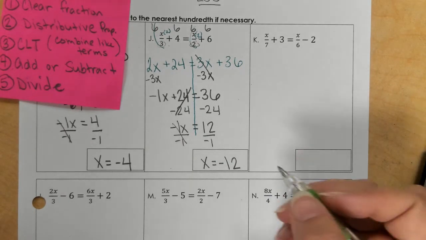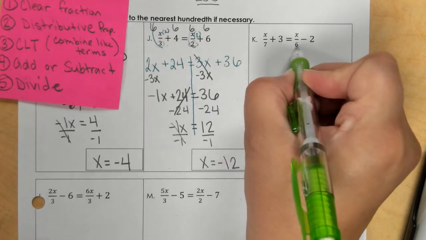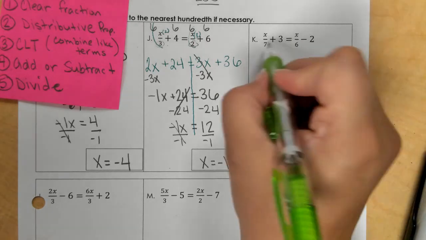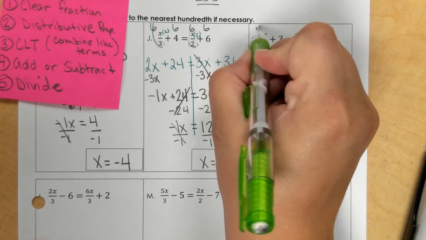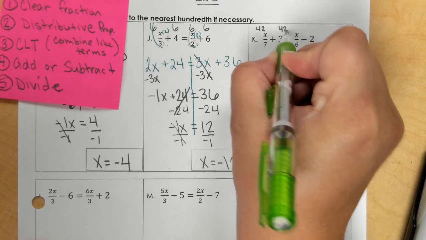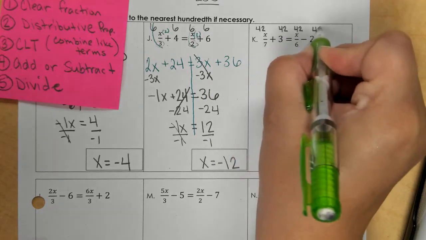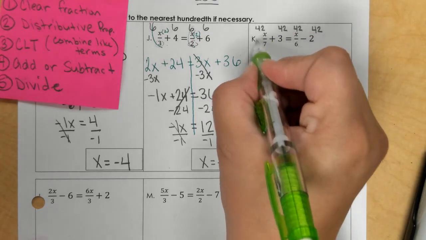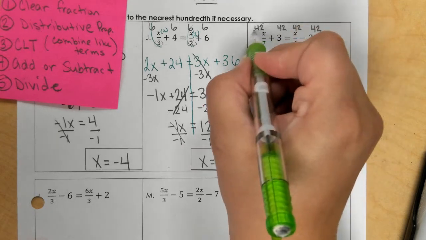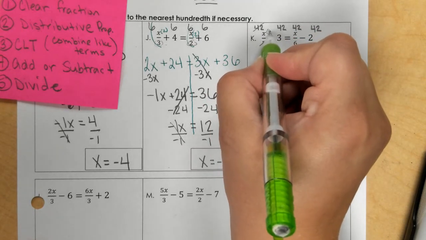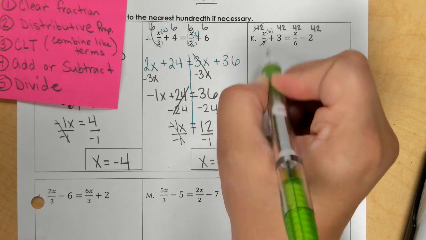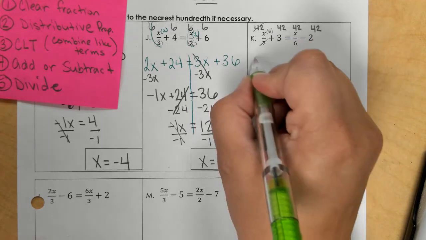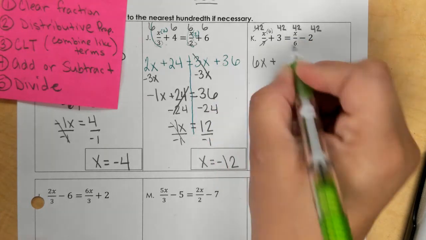In letter K, you have, again, not the same denominator. So 7 times 6 is 42. In this case, I can't cancel, so I divide that, and I get 6. 42 divided by 7 is 6. 6 times x is 6x.